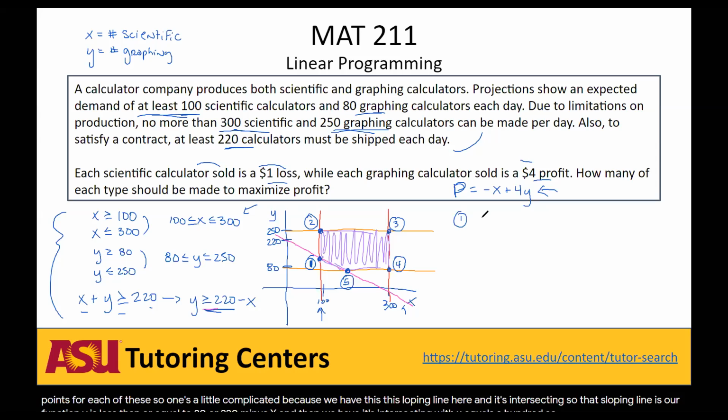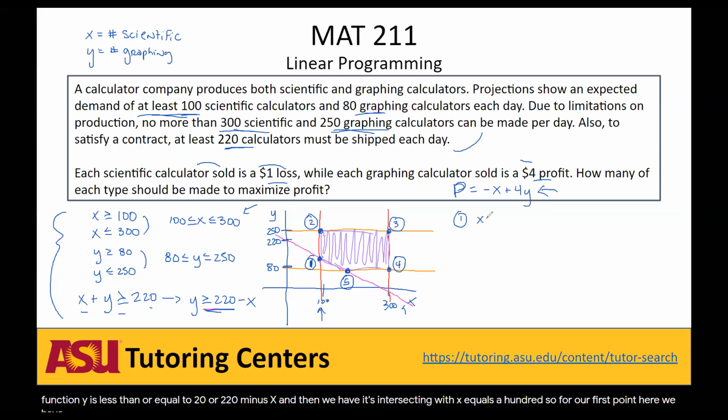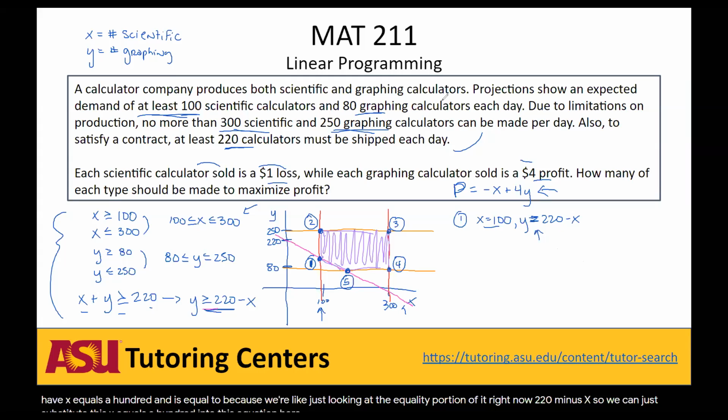So for our first point, we have x equals 100 and y equals, because we're just looking at the equality portion right now, 220 minus x. So we can just substitute x equals 100 into this equation, and that gives us 220 minus 100, which equals 120.